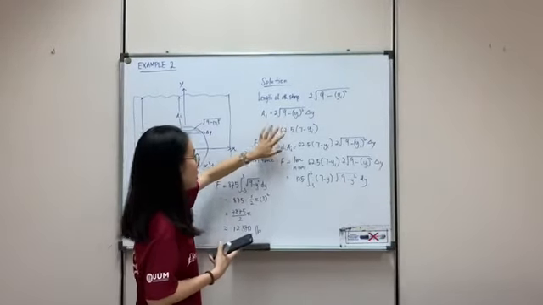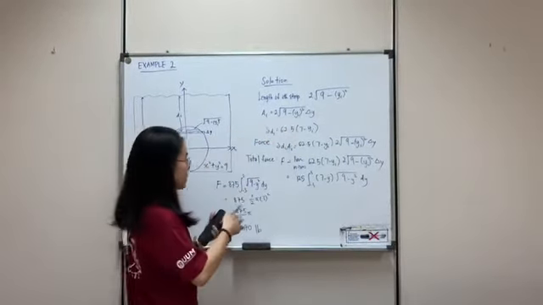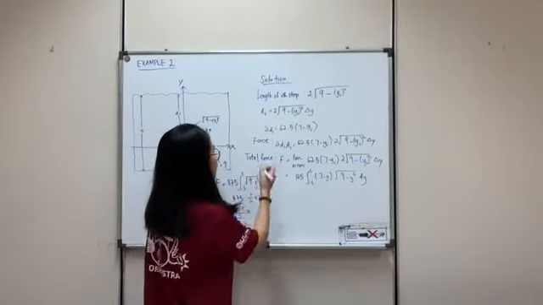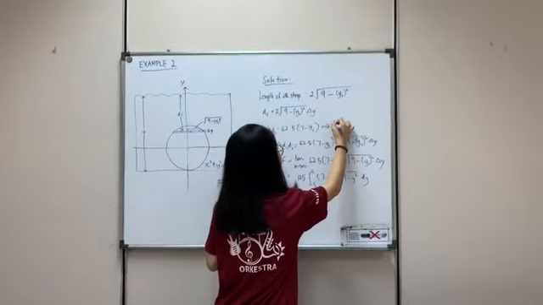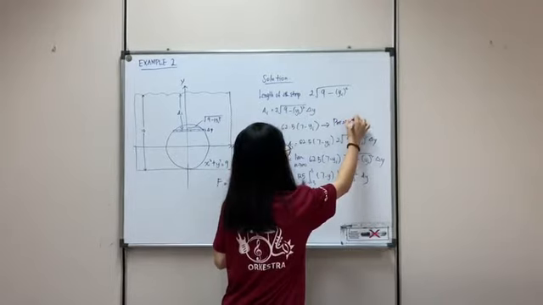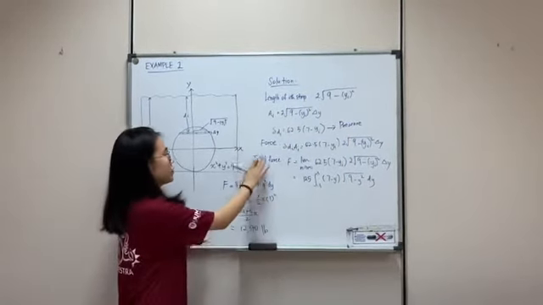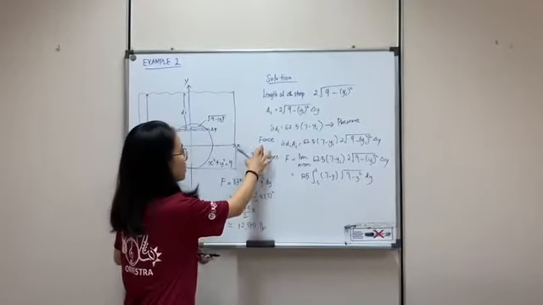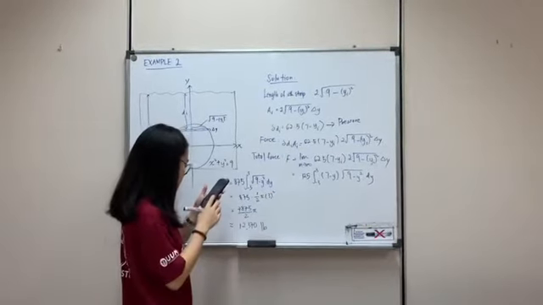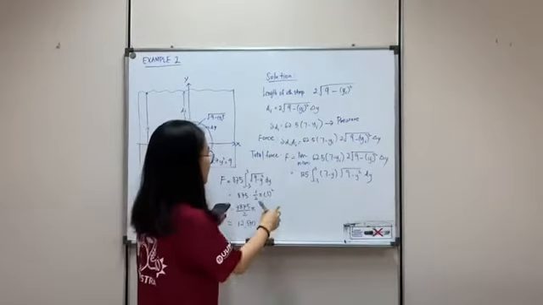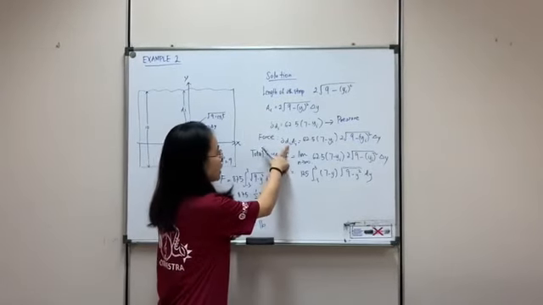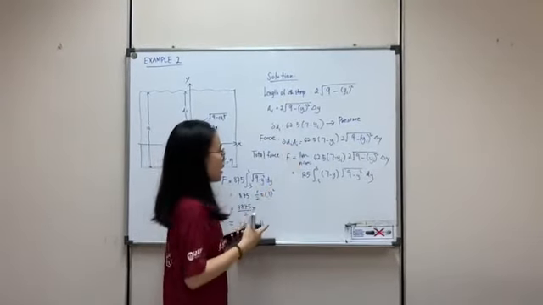So we'll be given this, and then this is the pressure. This will be the pressure acting on the strip, and then the force acting on the strip is approximately the pressure delta_i times A_i.